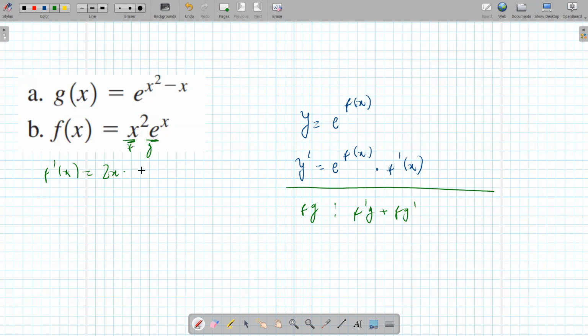This is f, this is g. So it becomes 2x times e to the x plus f as it is, which is x squared, times g prime. If g is e to the x, what's the derivative of e to the x? The derivative of e to the x is itself. So times e to the x. Cool, that's it.